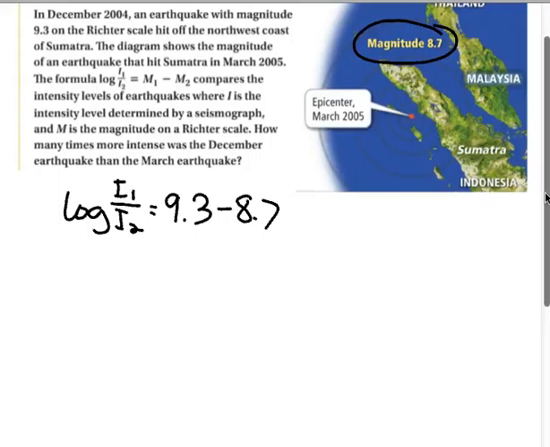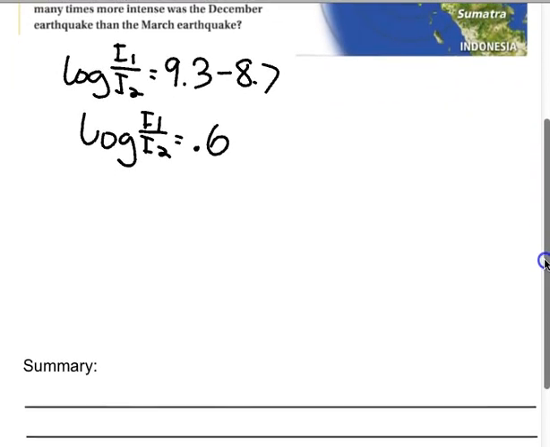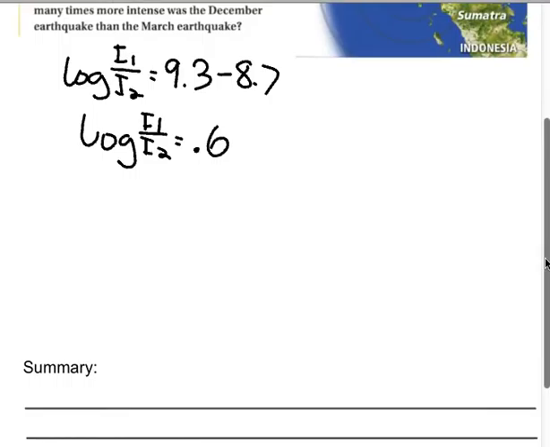Okay, so that's a difference of 0.6, which you probably think sounds really, really tiny. Okay, so you're probably not thinking much of it. However, let's think about what that really means. Okay, so remember, this is secretly a log base 10.